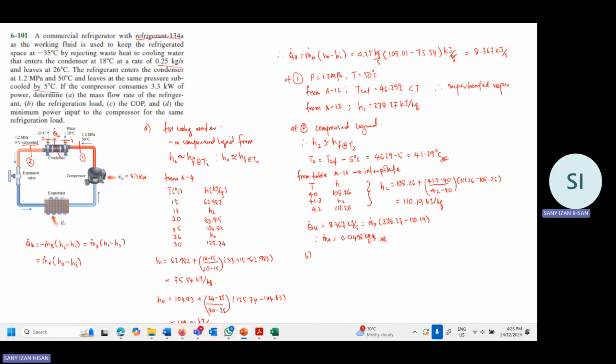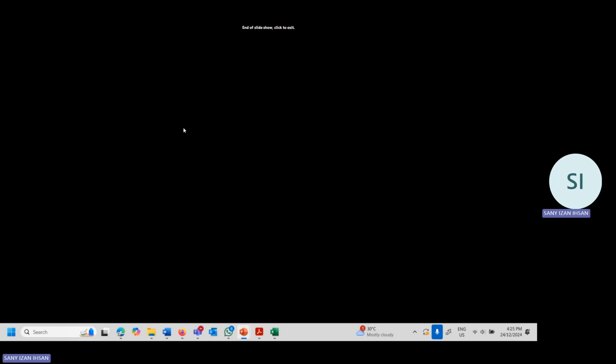B is the refrigeration load. Not too difficult. Refrigeration load is QL there. And you can relate it with the energy balance. You know already.